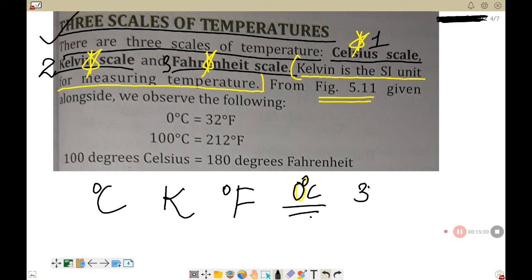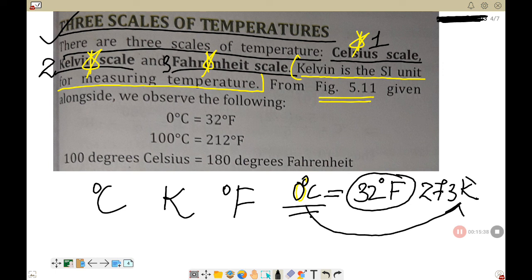On the second thermometer you can see 32 degree Fahrenheit, and on the third you see 273 Kelvin. Means 0 degree Celsius is how much on the Fahrenheit scale? 32 degree Fahrenheit, whereas 0 degree Celsius on the Kelvin scale means 273 Kelvin. Understand? So these three scales help us to convert the temperature from one scale to another.